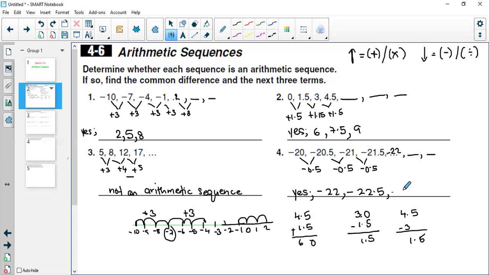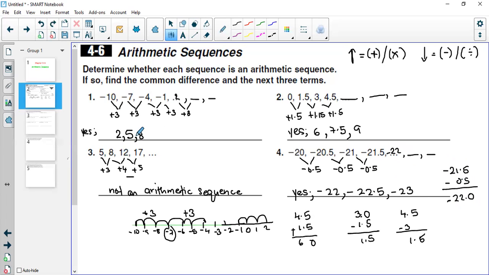And then again it's going to be negative 23. If you ask me how you got this answer, it's negative 21.5 minus 0.5. Both of them are negative numbers, which means we literally add them. If you add, you would get 22.0, but then we keep the sign the same, so that's negative 22. Then you can complete the pattern.